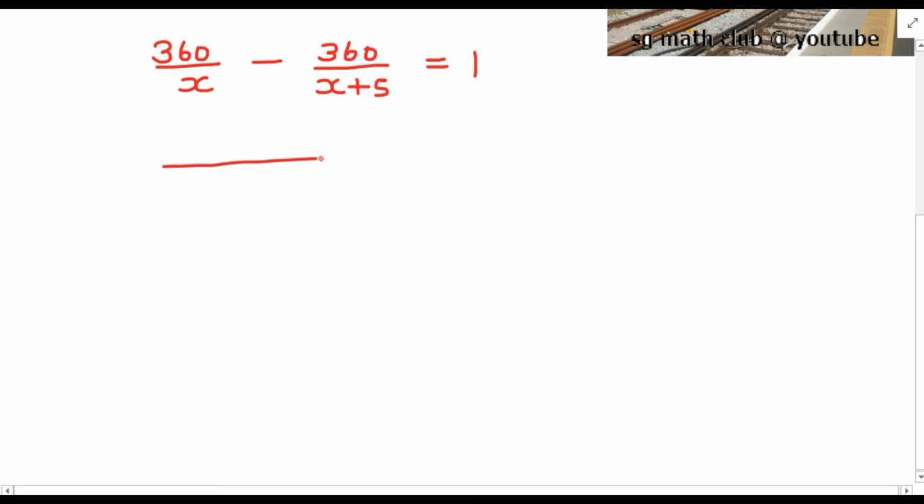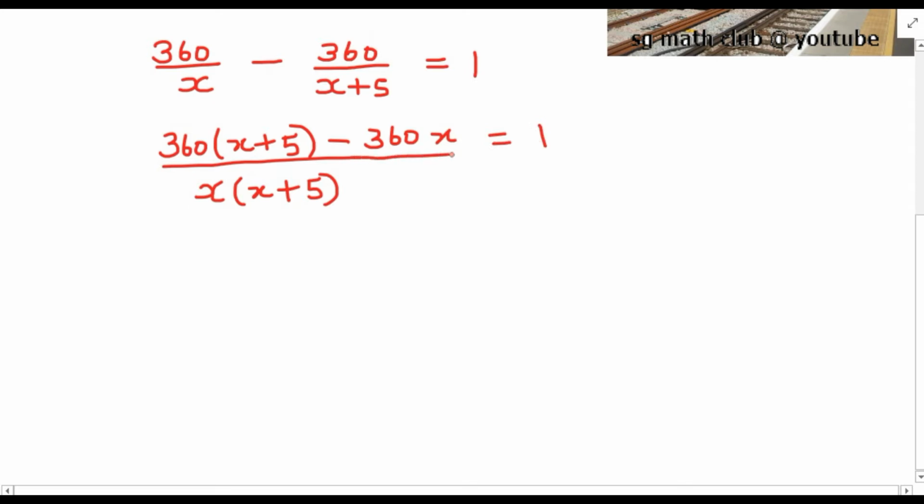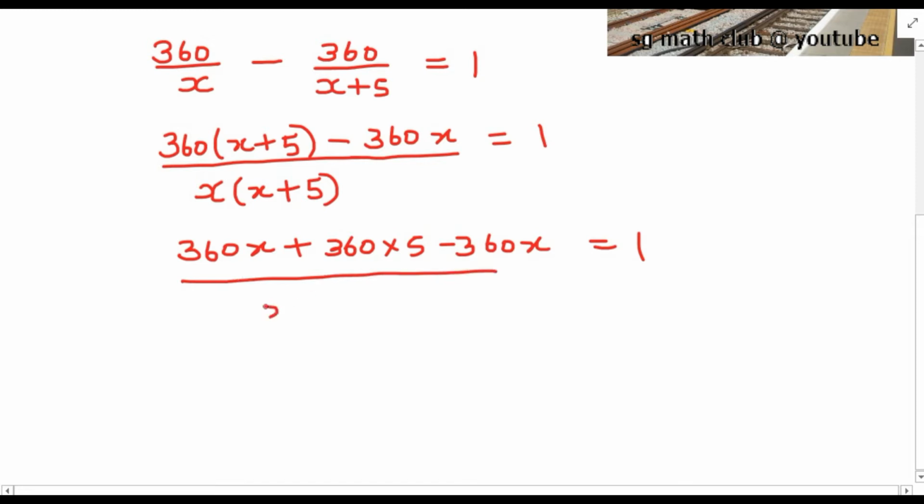So here the LCM is x and x plus 5, 360 into x plus 5 minus 360 into x equal to 1. Now we'll open the bracket, 360x plus 360 into 5 minus 360x divided by x square plus 5x.